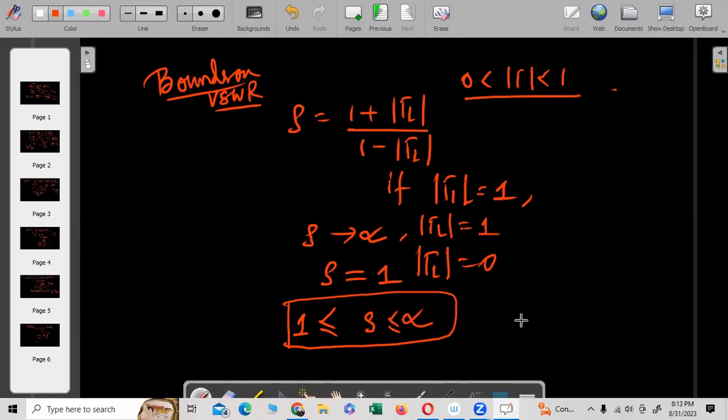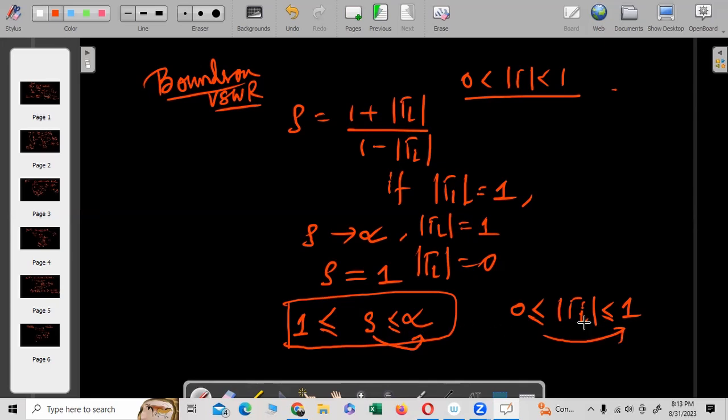Look here, I am writing here 0 to gamma L less than or equal to 1. So higher value means rho from 1 to infinity, we are moving, so your reflection will move from 0 to 1. And when it is infinity, full reflection, 100% reflection.